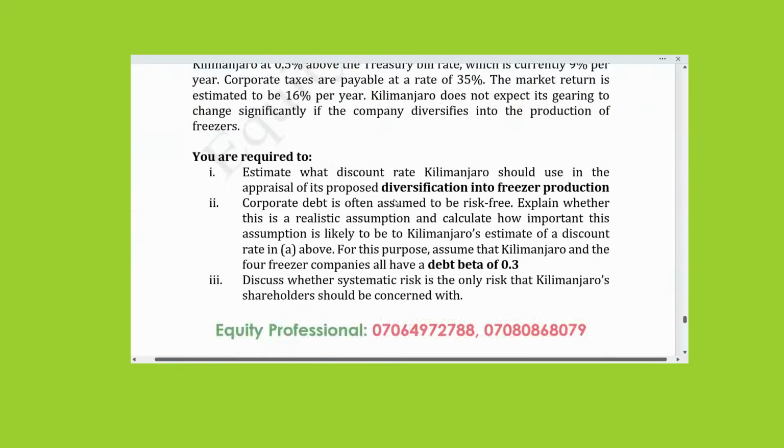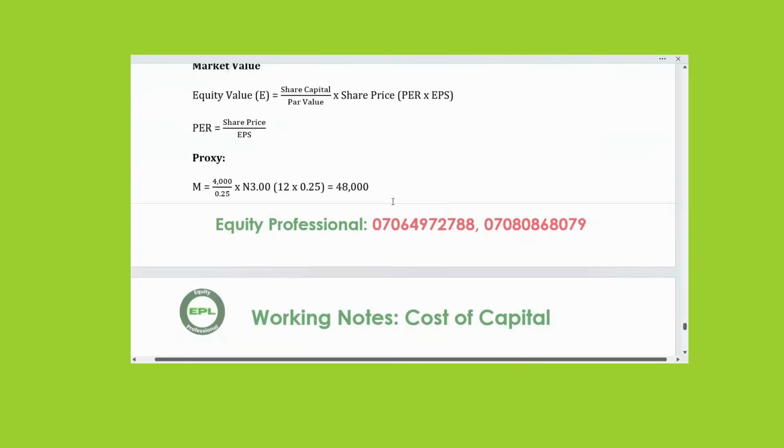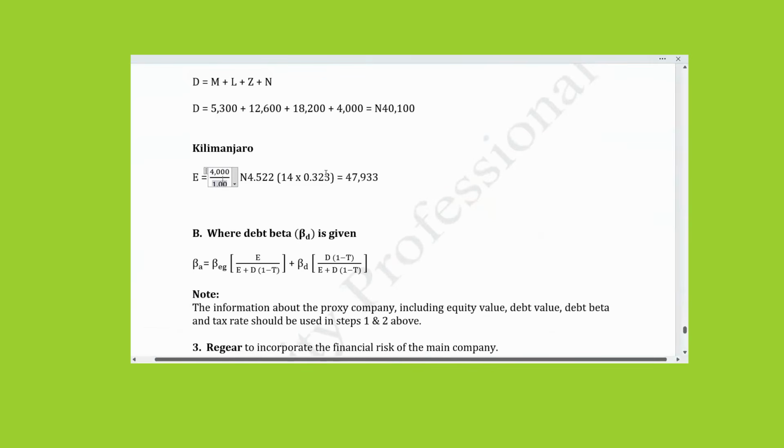Then 1.06 is earnings per share. 8 multiplied by 1.06. What do you have there? That's 8 point what? 8.48. So multiply by 4,000. That's 33,920. All right. So that is the market value of equity of Kilimanjaro PLC.